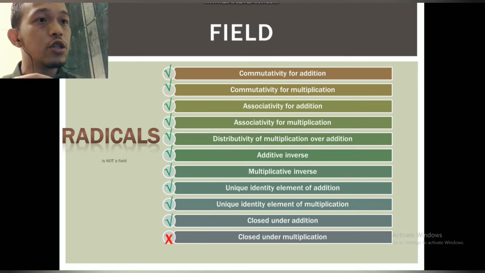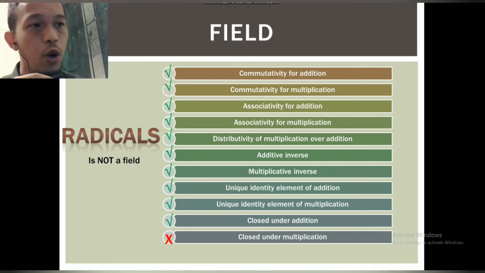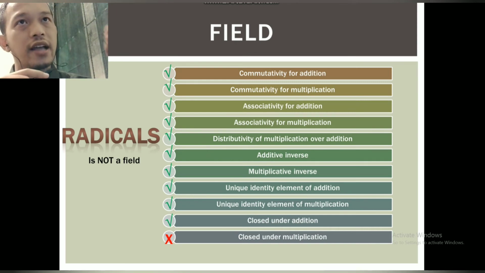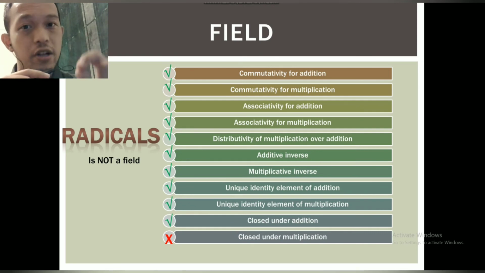The answer is no, since radicals cannot obey the last one, closure under multiplication. If I recall, closure under multiplication: if I multiply x times y equals z, if x and y are radicals, then z must also be a radical and unique. That is closure under multiplication.